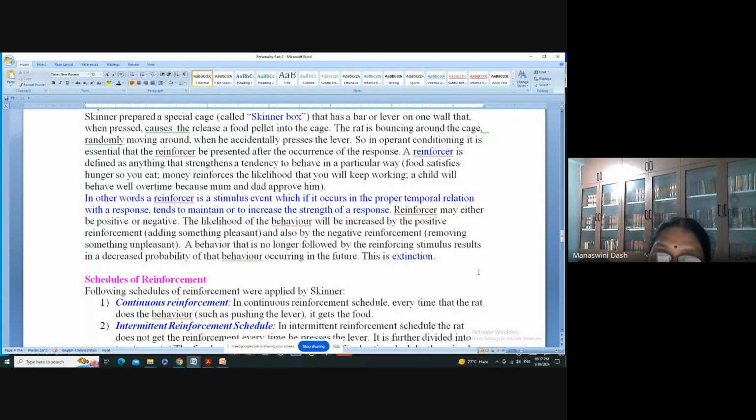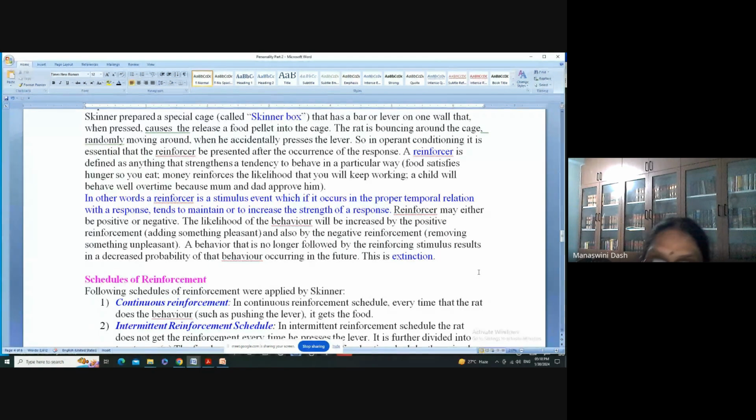What is negative reinforcement? Something unpleasant is removed, taken away in order to strengthen a behavior. For example, if you touch the zebra crossing, you will be fined. So, in order to avoid the fine, you do not touch the zebra crossing.